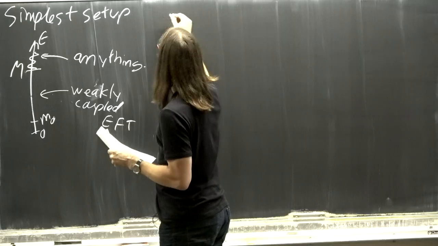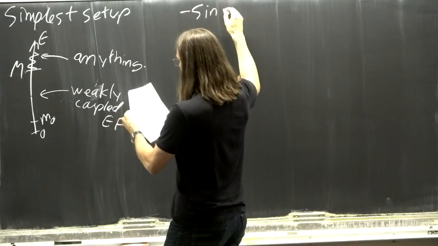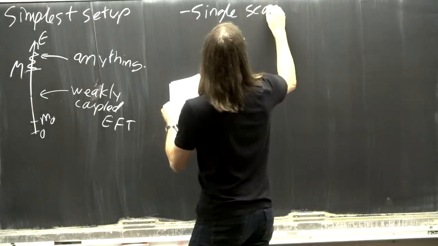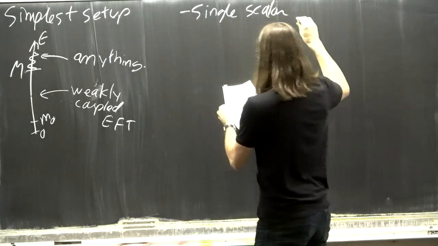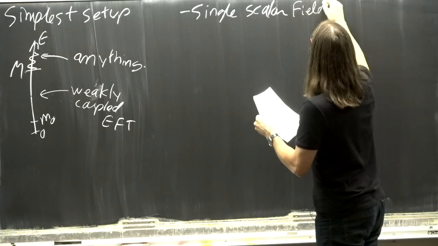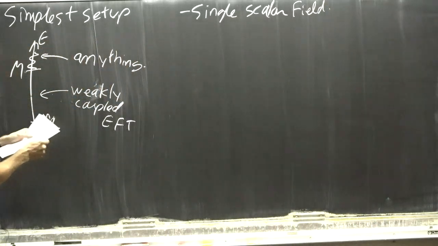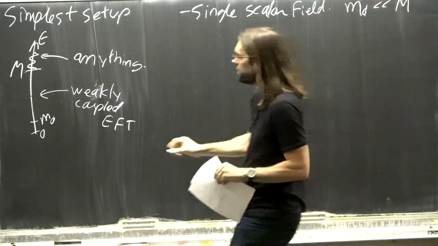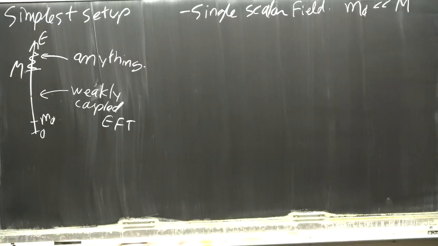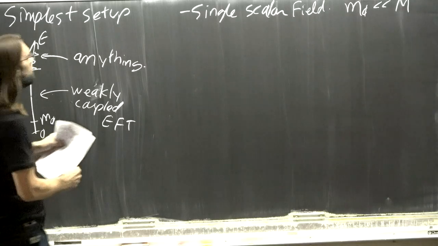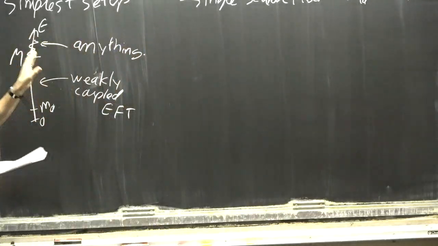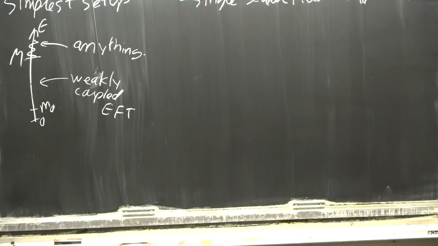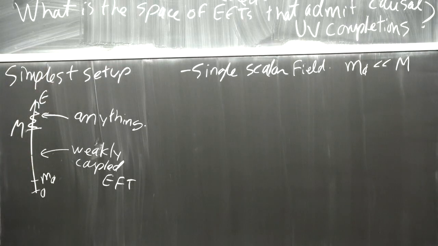The simplest setup is a single scalar field, and of course we assume that the mass of the scalar field is much less than capital M. The nice thing about the setup is that we can almost completely solve it, so we can really understand what happens, and that will give you a flavor of the techniques we can use to answer this question, and of the results that come out.